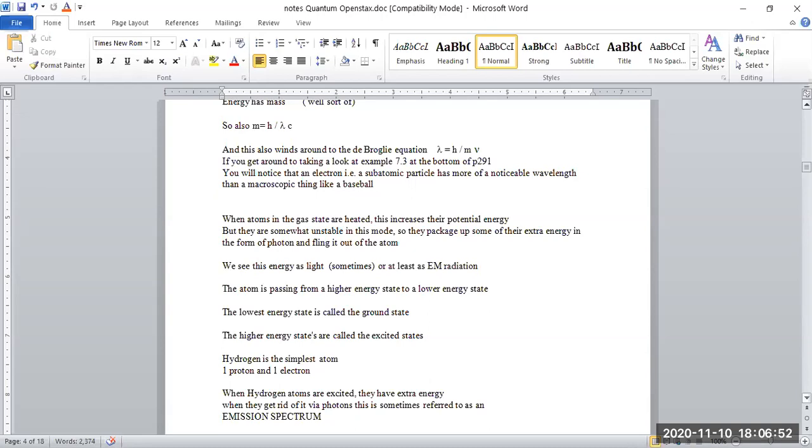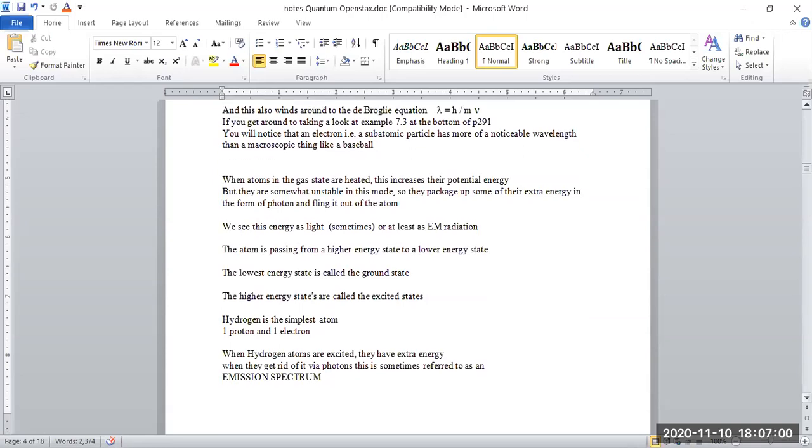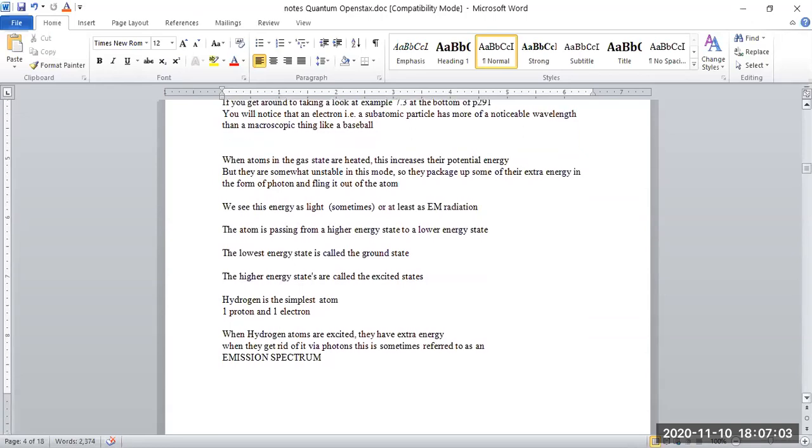What's happening is your atom is passing from a high energy state, which is not stable, to a lower energy state. It may or may not be the lowest state yet, but when you get to the bottom of the energy scale or the energy states, they refer to this as the ground state.